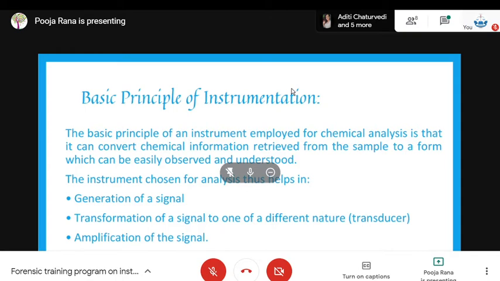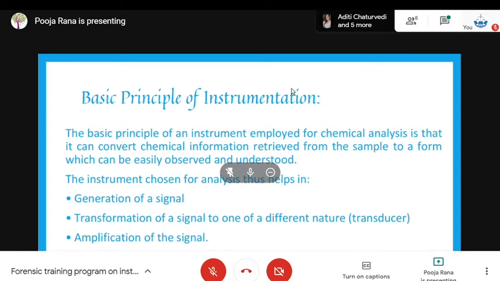You have performed the test on that particular sample, and the result has been generated. Now how will you understand the level of hemoglobin in it? For that, the instrument would first create a signal, and thereafter this signal would be converted into analog or digital form, and then displayed onto your screen.